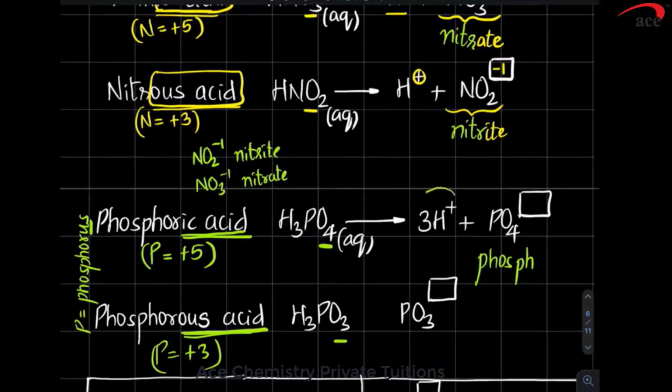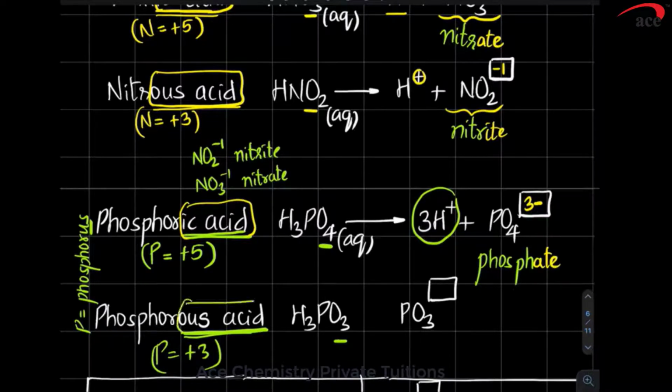Now, when phosphoric acid gives you 3 H plus, what do you expect will be the charge on the remaining part? Yes, 3 minus. And the ion comes from ic acid. Because it comes from ic acid, it gets the name phosphate. So PO4 3 minus gets the name phosphate.